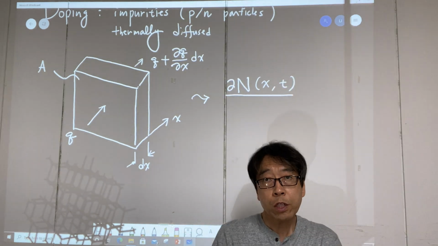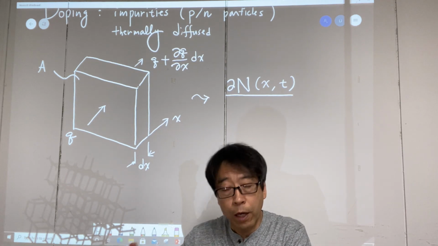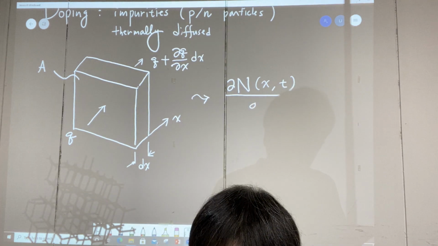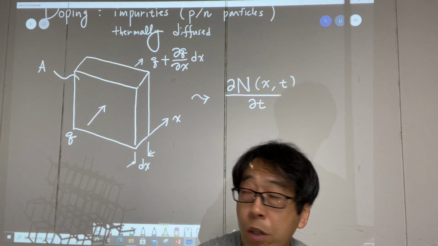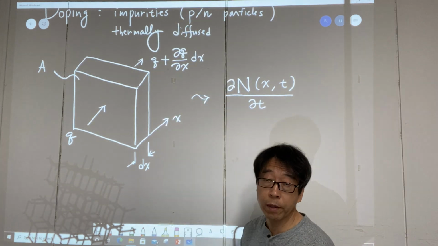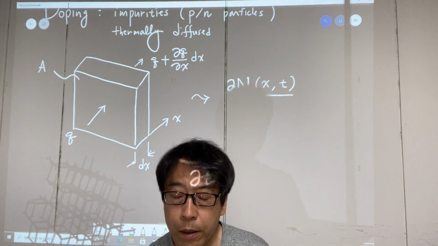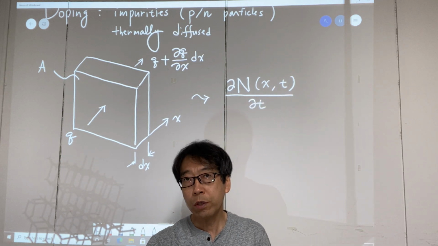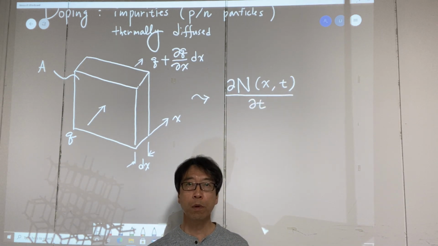Well, the concentration changes over time, so it will be partial t because of this input-output difference. Concentration is the number of particles, the number of molecules per certain volume.